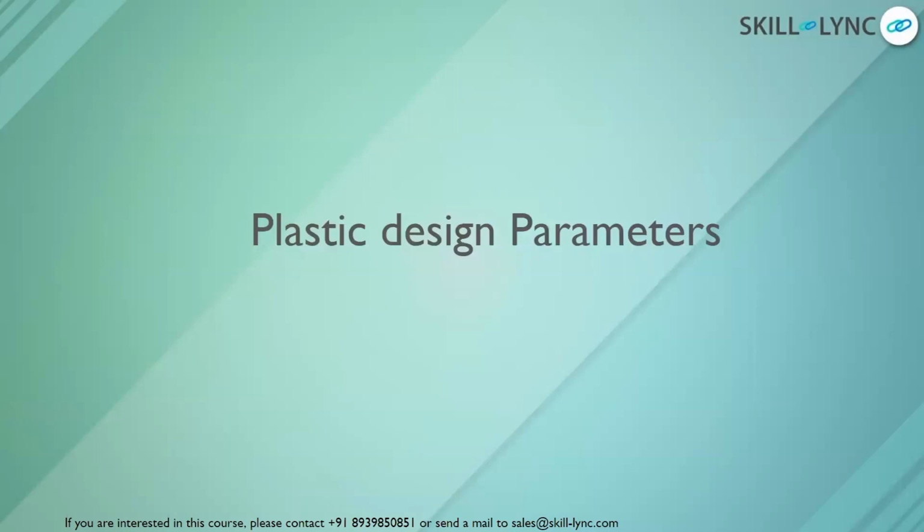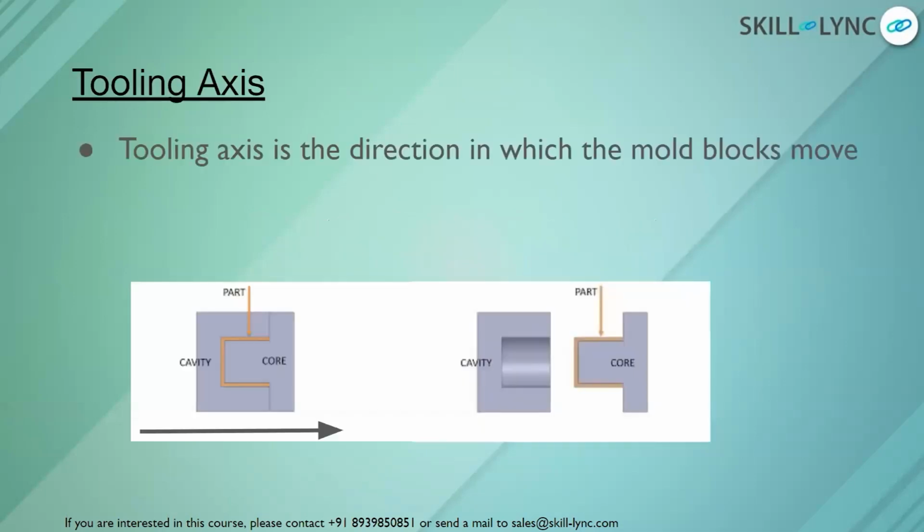we'll look into some of the plastic design parameters which are really required for you to work with plastics. One major parameter is the tooling axis. Whenever you're working with injection molding, the tooling axis becomes an important parameter.